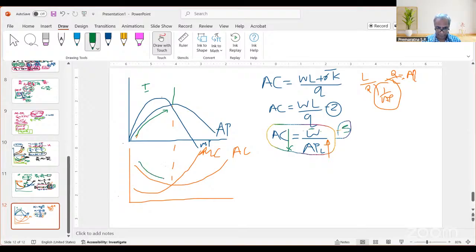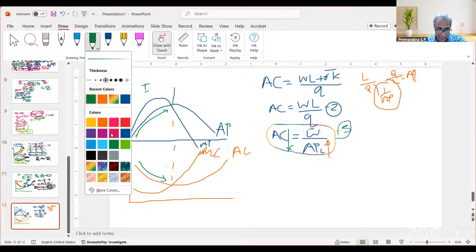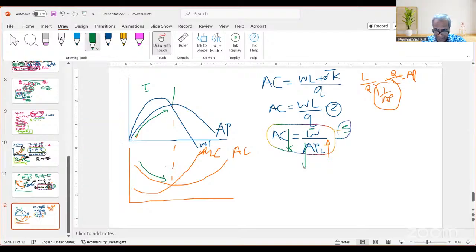So you can see here the average cost curve goes down. Now the opposite: let's say the average product decreases. Since this is constant, the average cost must increase. So what we are talking about is this way.